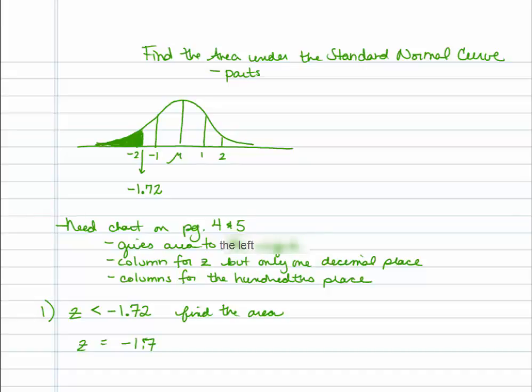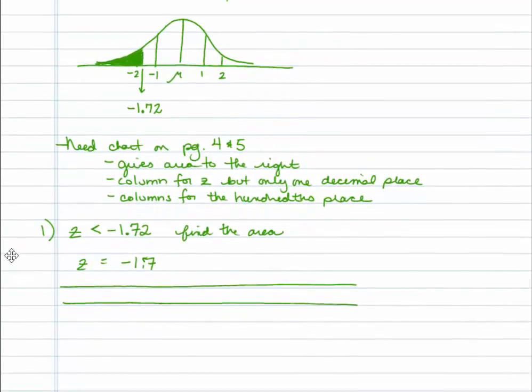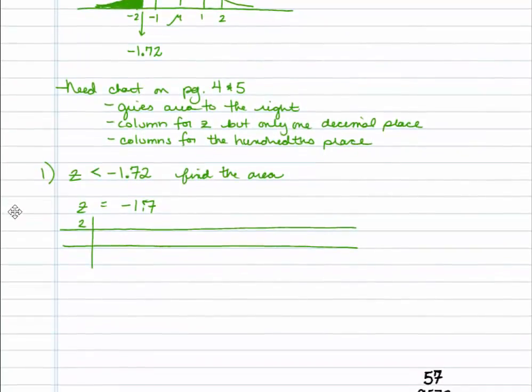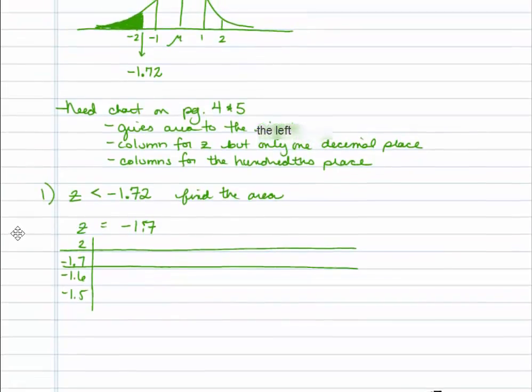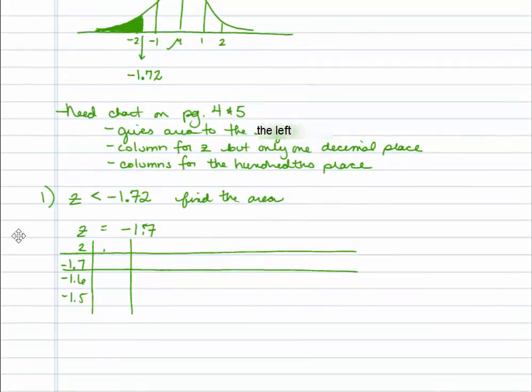And if I look at that -1.7 in the chart, it's got 1.7, 1.6, 1.5, it's got all these numbers. And if you look to the right, there's 0.00, 0.01. These are your hundredth place. 0.02, 0.03. You want -1.72.